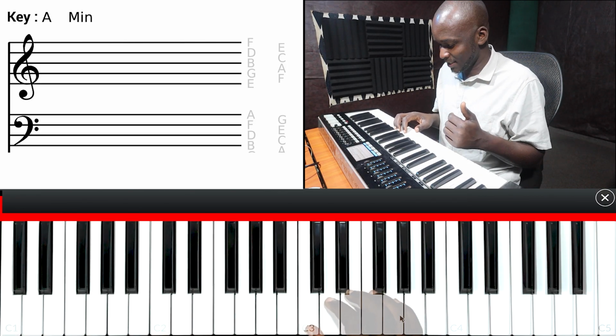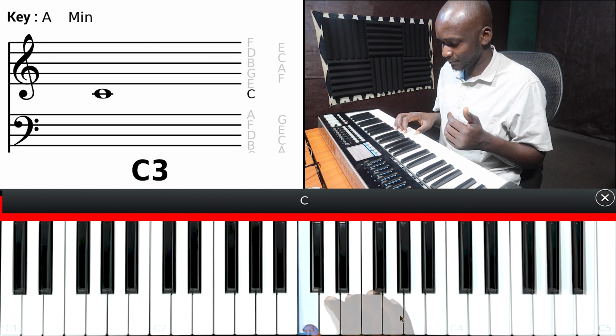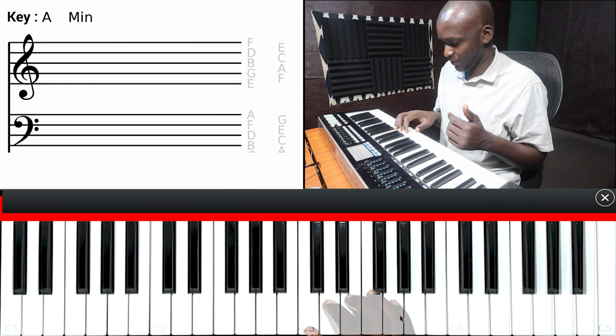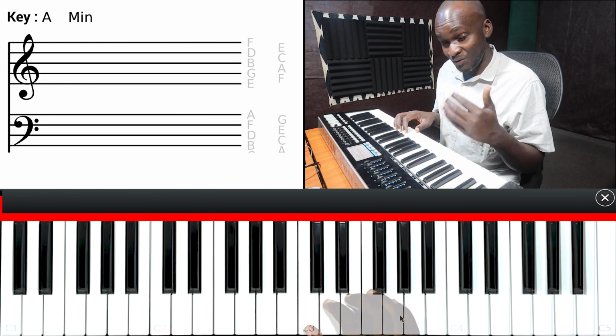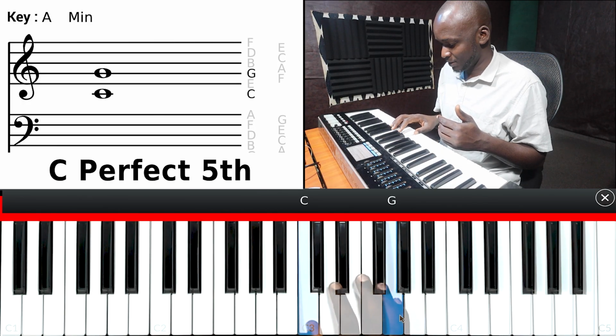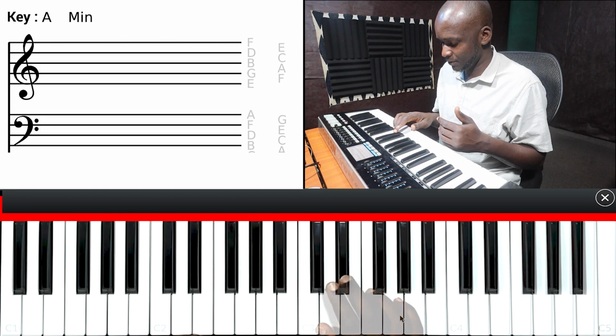In the first instance, we have C as the root, E as the third or the middle note, and G as the last one or the top note. And if we look at it in terms of intervals, we have a perfect fifth, which is 7 semitones: 0, 1, 2, 3, 4, 5, 6, 7.